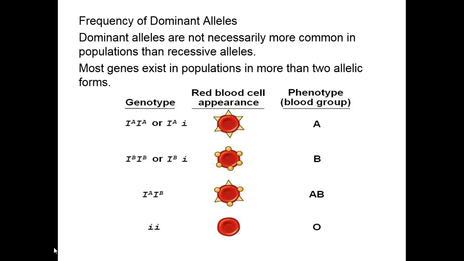So type A blood can have a genotype with A dominant on both alleles, or A dominant and then nothing. Or you can have B blood, which is the same, only with the B marker. You can have AB blood where you have both the A and the B marker on the red blood cell, or you can have no marker, and that's where you get type O blood. So these alleles share the dominance, I guess you might say, if both of them are there, both the A and B marker on the red blood cell.